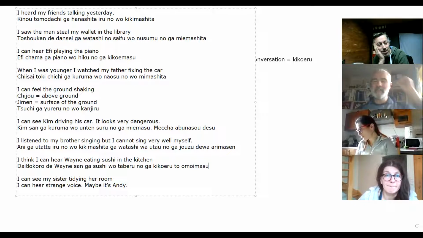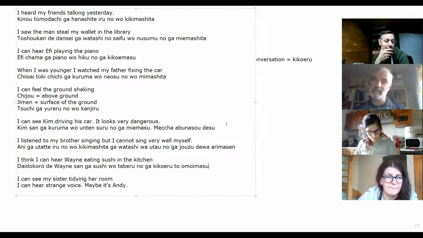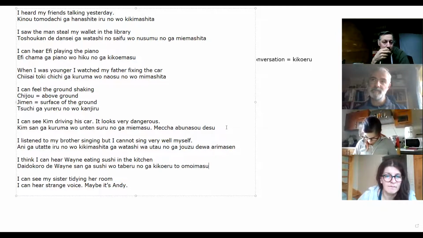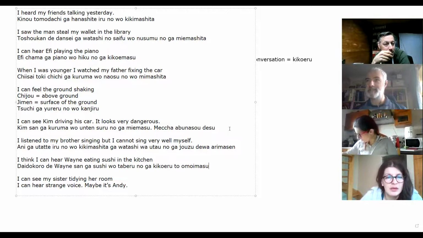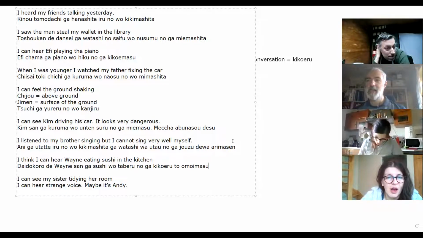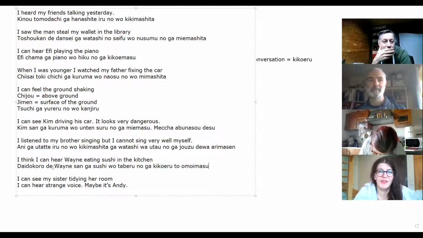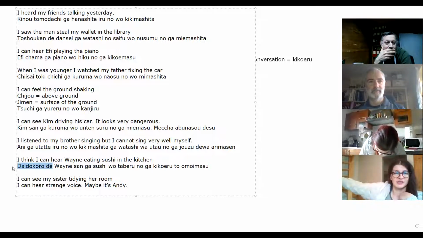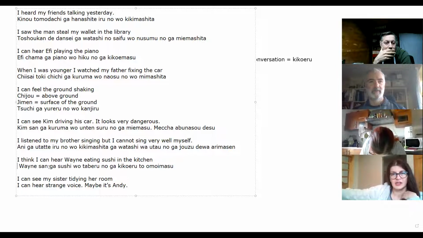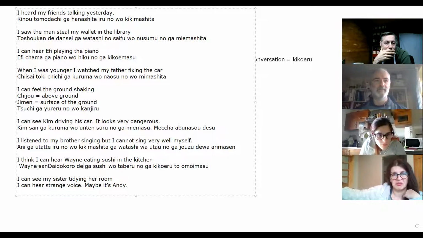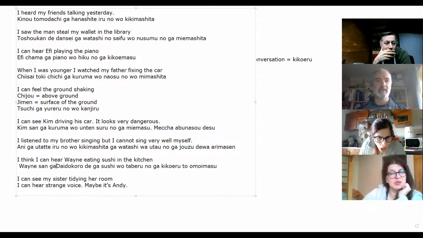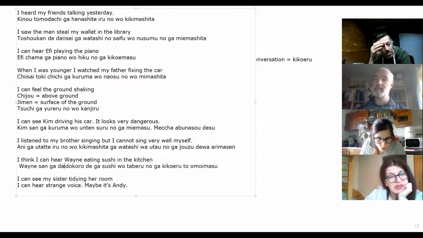What I would say though, Effie, is this sounds like at the moment you are in the kitchen because of brackets and subclauses. How do you do it then if you're in the other room and you think that somebody else is somewhere else? 台所に By doing that, you Wayne-san ga daidokoro de. This now sets Wayne-san as the subject of the next part of the subclause.